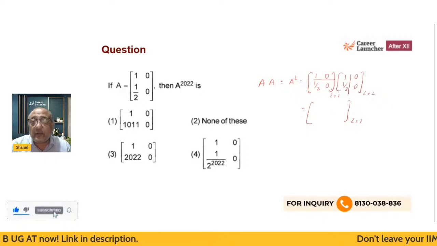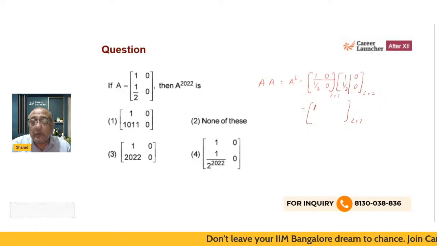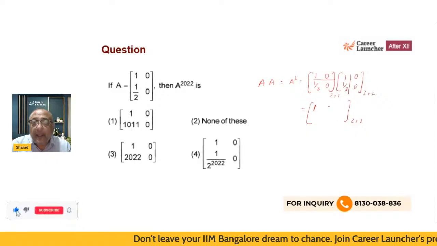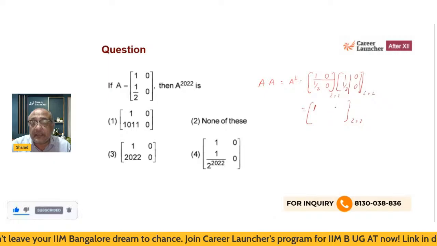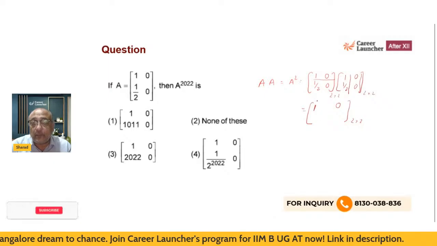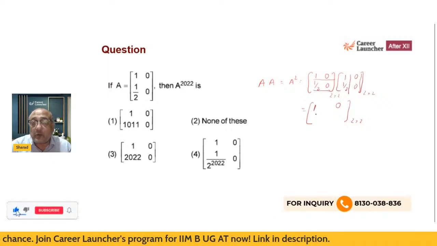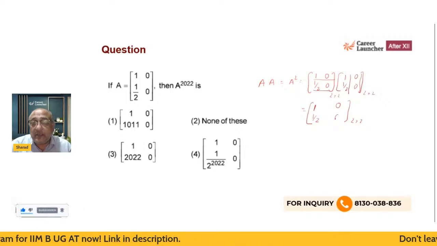Now the first row and first column corresponding elements are getting multiplied. The answer over here is 1. And what will be the first row, second column? Let's pick the second column. The value here is 0. Let's take the second row and first column. The value is 1 by 2, and the last is 0.